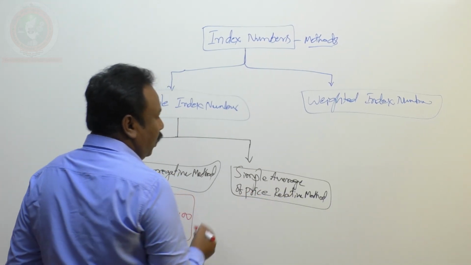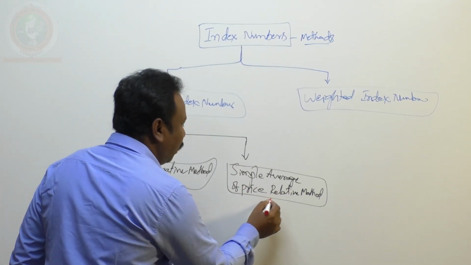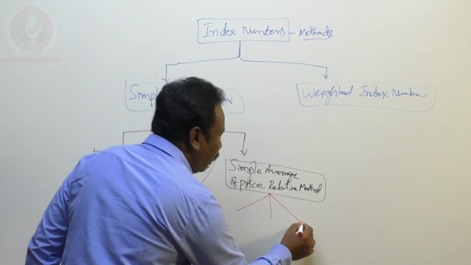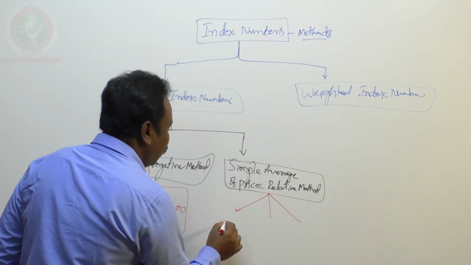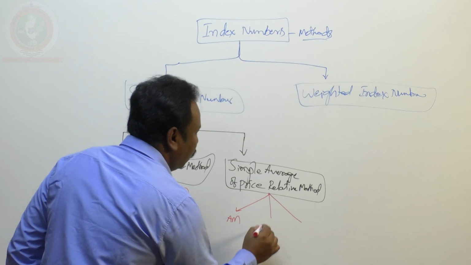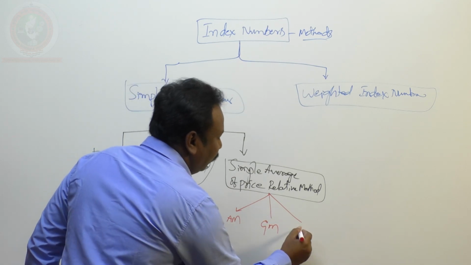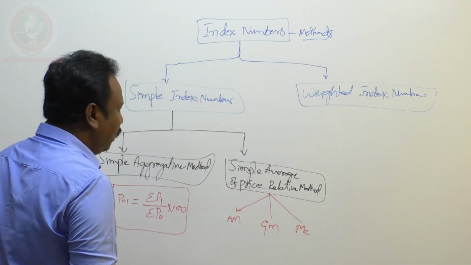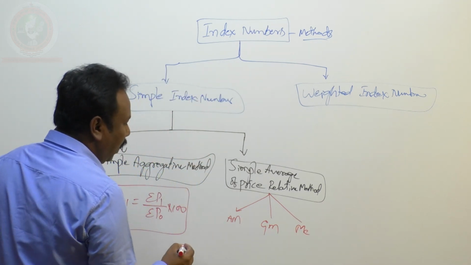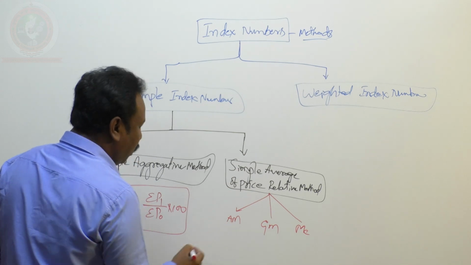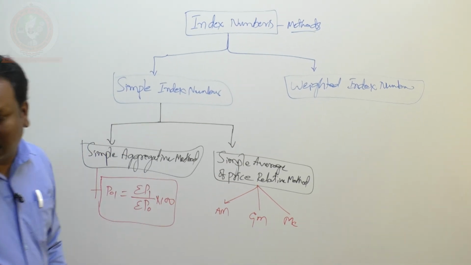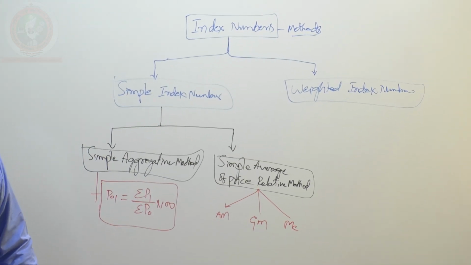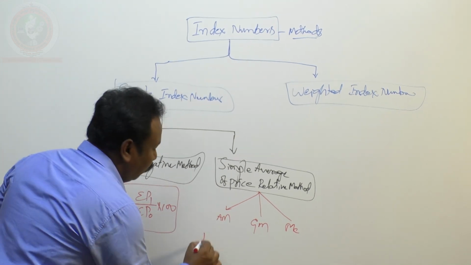In case of the simple average of price relatives method, it can be classified into three categories: arithmetic mean method, geometric mean method, and median method. The arithmetic mean method we can calculate based on the formula we discussed yesterday.